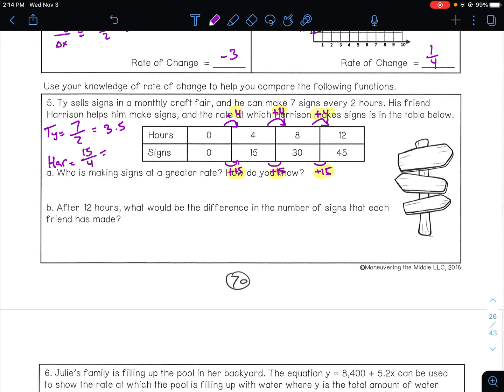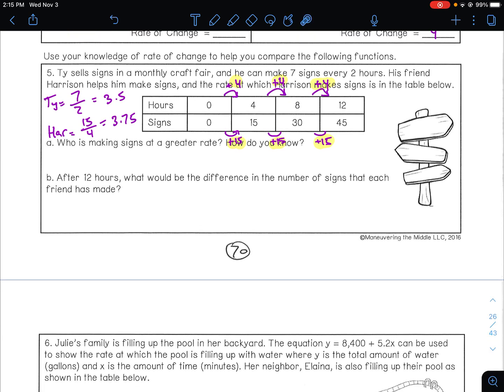If I divide 15 by 4, I get 3.75. You could have also figured that out by thinking: if Harrison makes 15 signs after 4 hours, Ty, after 4 hours, makes 14 signs. So Harrison actually makes more signs. So who has the greater rate? Harrison.